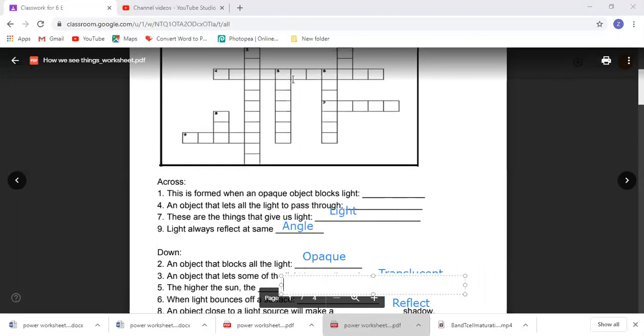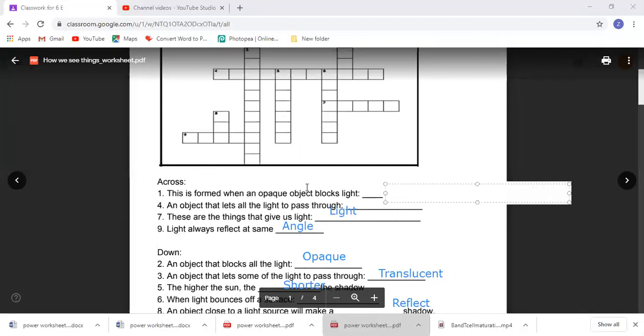Okay, now over here, the higher the sun, the shorter the shadow. So where's the fifth one? Now I'm going to look for the fifth one. Let's just fill this up. This is from an opaque object blocks light, so over here we're going to write shadow. And then an object that lets all the light pass through, over here we're going to write transparent.